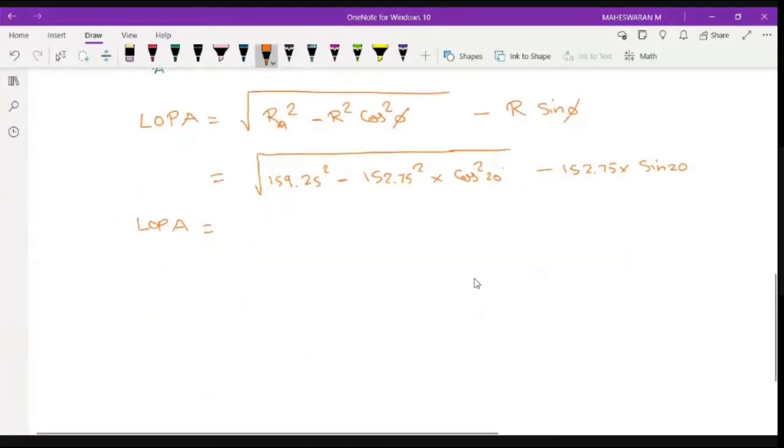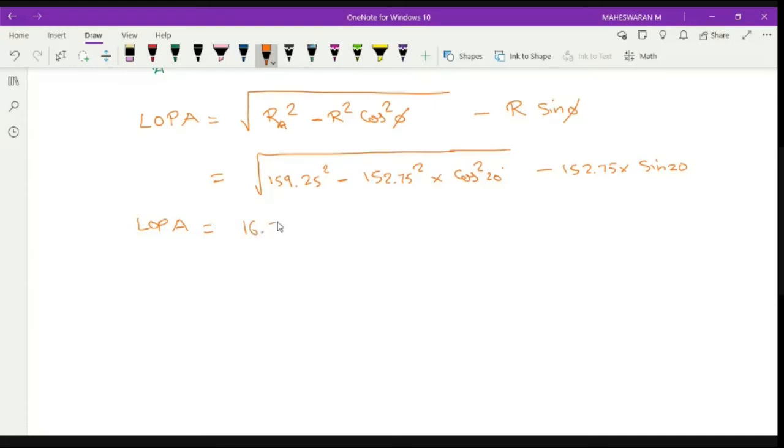So can you tell me now the length of path of approach? 16.730.